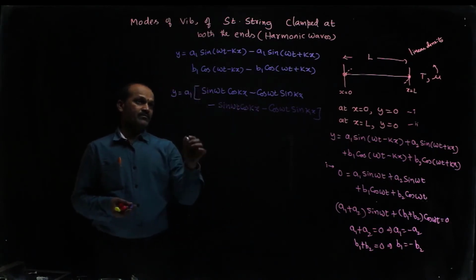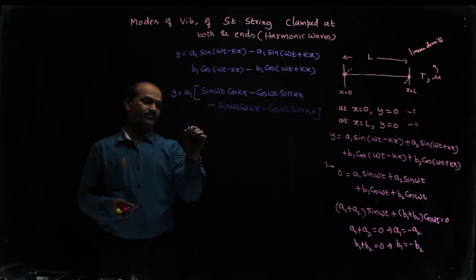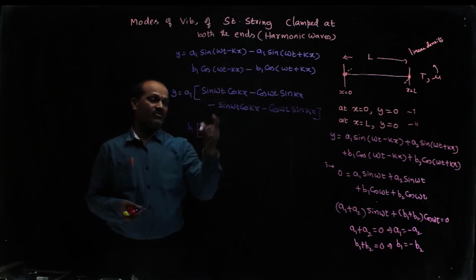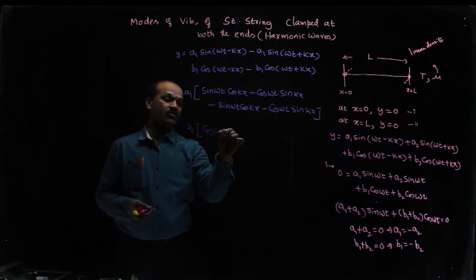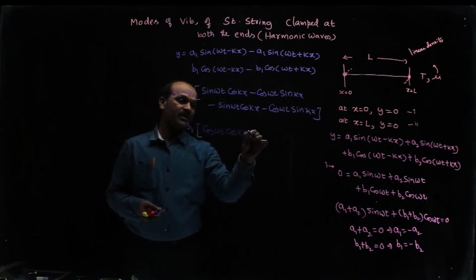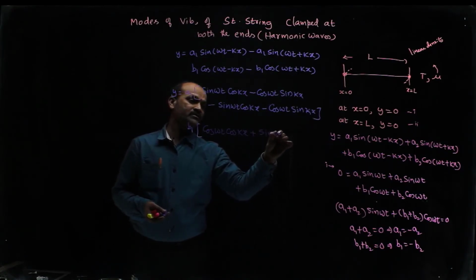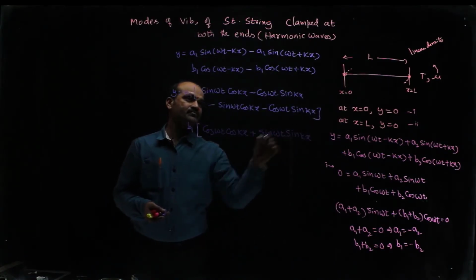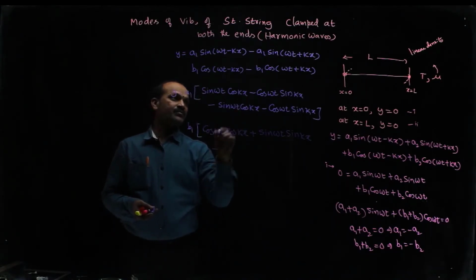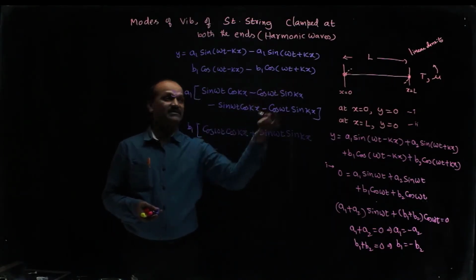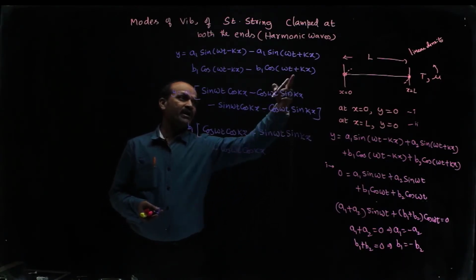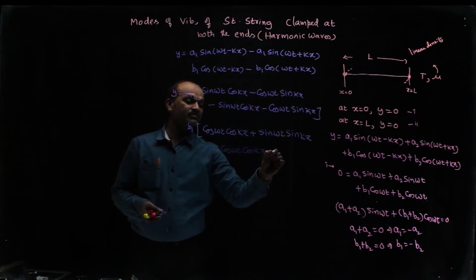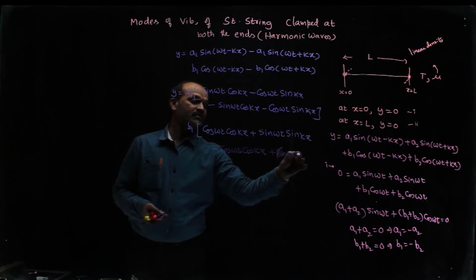And b1 you take common over here: cos(a minus b) is cos a cos b plus sin a sin b, giving cos omega t cos kx plus sin omega t sin kx, minus cos(a plus b), which is cos a cos b minus sin a sin b, giving cos omega t cos kx minus sin omega t sin kx. Since minus is there, minus minus again becomes plus, sin omega t sin kx.